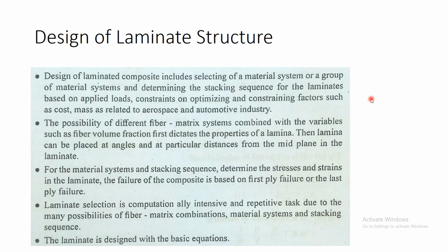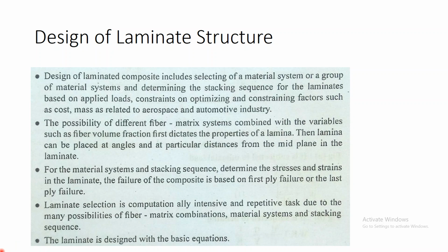Next we will see the next concept, that is, the design of a laminated structure. Since a composite lamina is anisotropic, the design of a laminate also has many iterative processes.